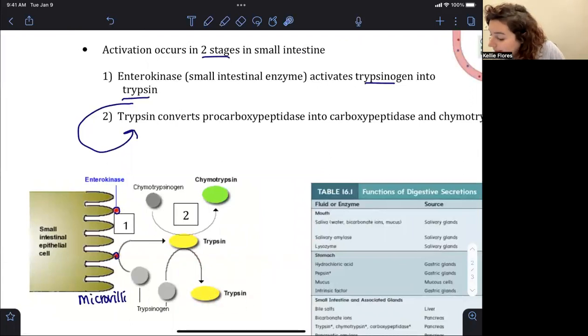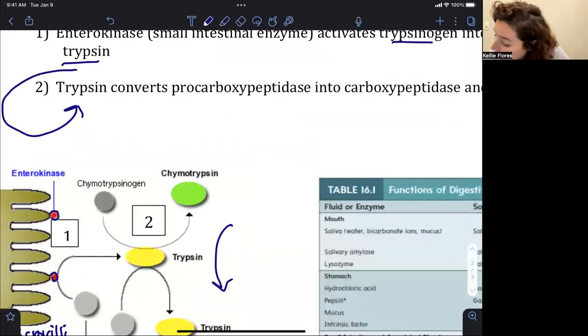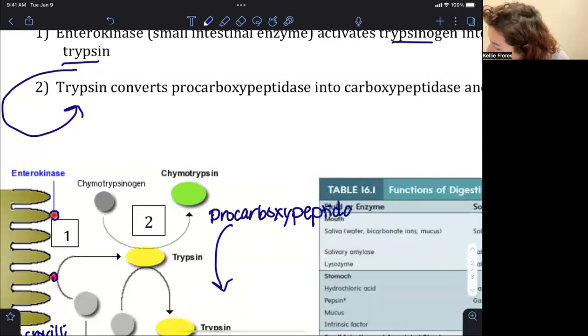Then that same molecule, trypsin, will be over here next, and that will help activate chymotrypsinogen to chymotrypsin. And we have another activation here of procarboxypeptidase into carboxypeptidase.